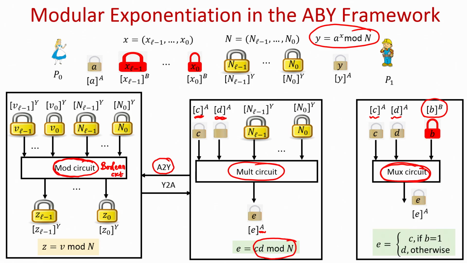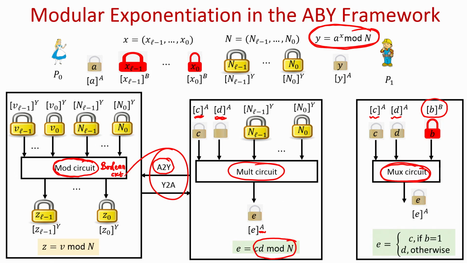And now you can imagine that by plugging in these three components, this MOD circuit, this MULT circuit and this MUX circuit, Alice and Bob can evaluate a to the power x modulo n in a secret shared fashion. In each iteration they have to do a MULT followed by mod. So, they have to do these conversions here, and then they have to evaluate a MUX circuit and accordingly decide whether to change the partial result or not, and the partial results will keep on getting accumulated and finally the result will be available in arithmetic secret shared fashion to Alice and Bob.